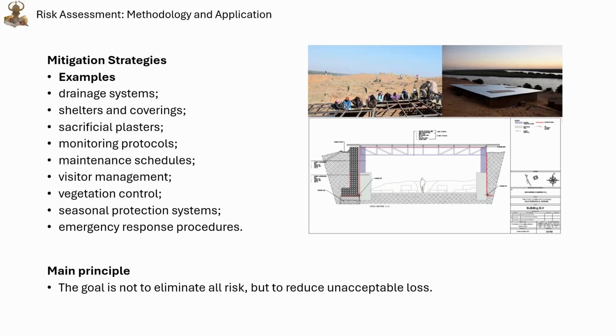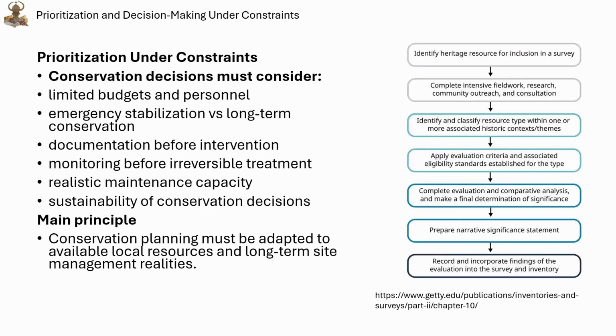Importantly, the goal is not total elimination of risk. That is impossible. The goal is reduction of unacceptable loss while maintaining realistic management capacity. Conservation is always practiced under constraints.